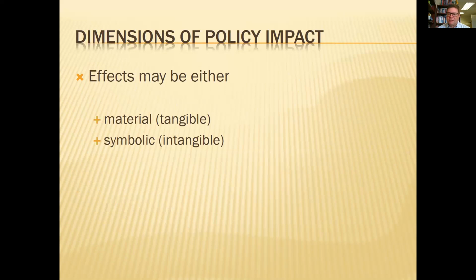But the very fact that after almost a century of not working on civil rights bills and having them blocked by the U.S. Senate and by Southern senators, the very fact that we passed a Civil Rights Act in 1957 was a symbolic gesture that we finally, as a country, were going to be able to deal with problems related to this. And of course, some of the things that came out of the '57 Civil Rights Act led to more advantages in the mid-1960s. So those are the dimensions of the policy impact that we would be talking about.